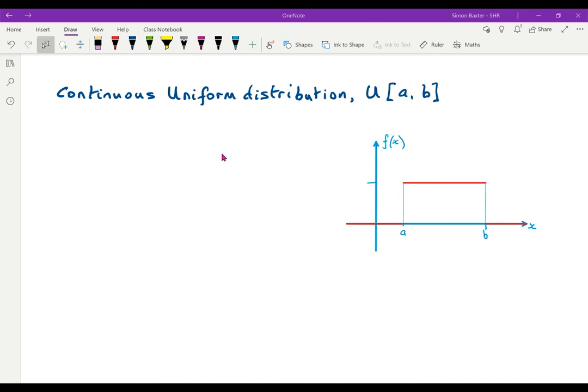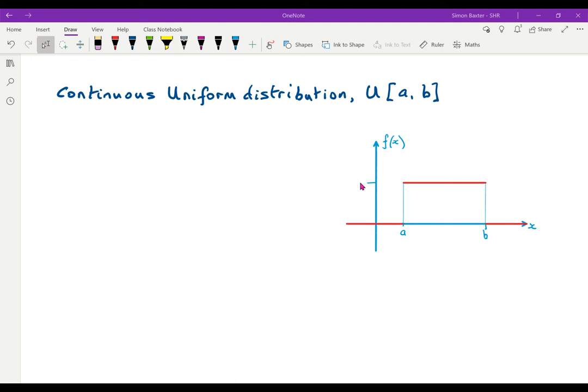U is reserved for continuous uniform distribution. We never use it to describe a discrete one. A is always the lower value of the two, the starting point, and B, the higher value. So there is the probability density function for a continuous uniform distribution.